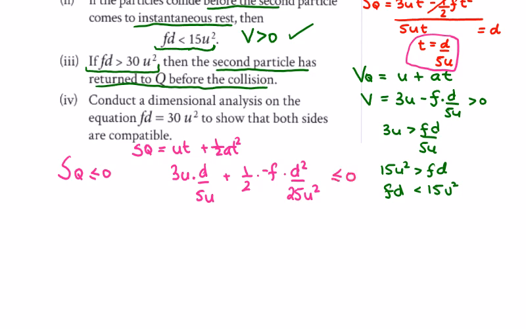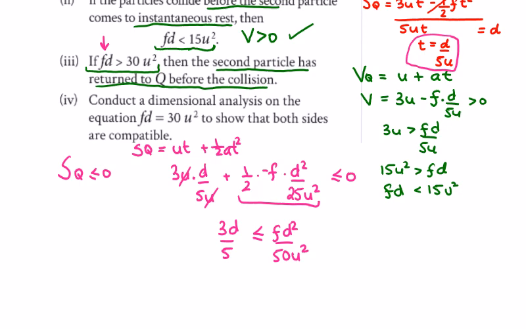This simplifies, we're going to get 3d over 5. If I bring this expression to the right, that will be less than or equal to fd squared over 50u squared.